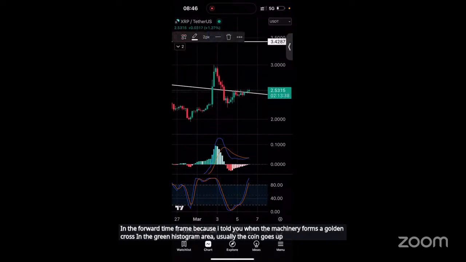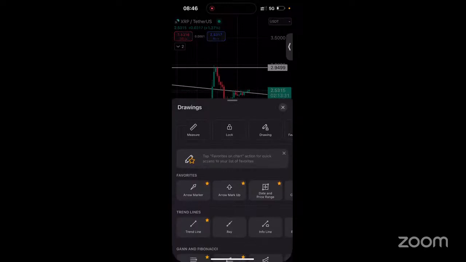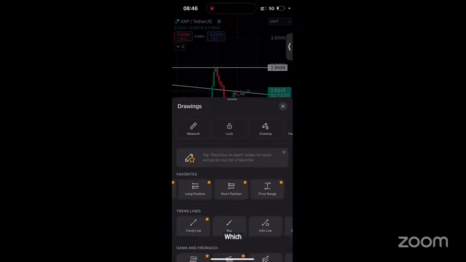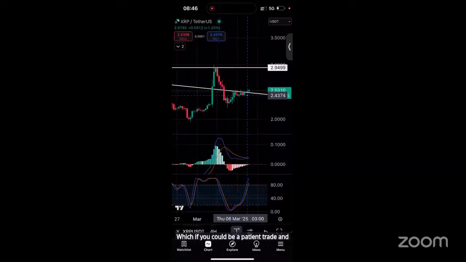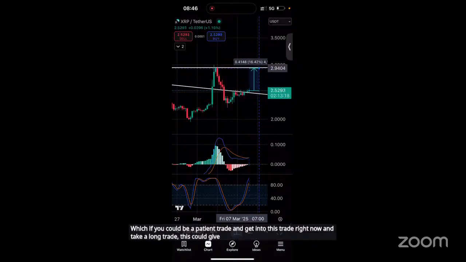XRP can dominantly be able to hit its previous all-time high, which is $2.9, which if you could be a patient trader and get into this trade right now and take a long trade, this could give you not less than 15%.